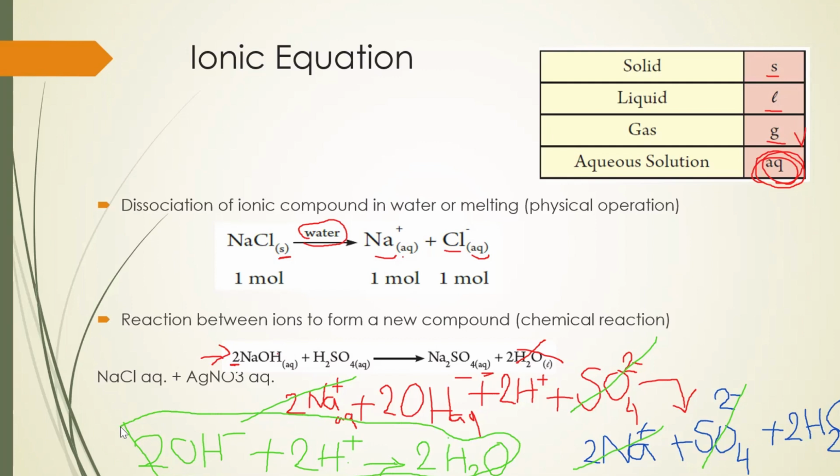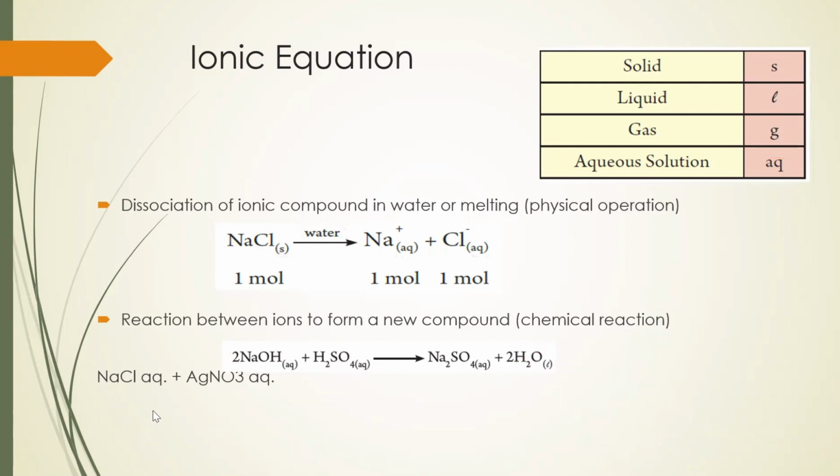So how do we get the ionic equation? We dissociate the aqueous and molten compounds into their ions in the products and in the reactants. Anything else will not be dissociated and will remain the same. Then we cross out all the similarities between the reactants and the products, and we write the remaining from the products and from the reactants, and that would be the ionic equation.